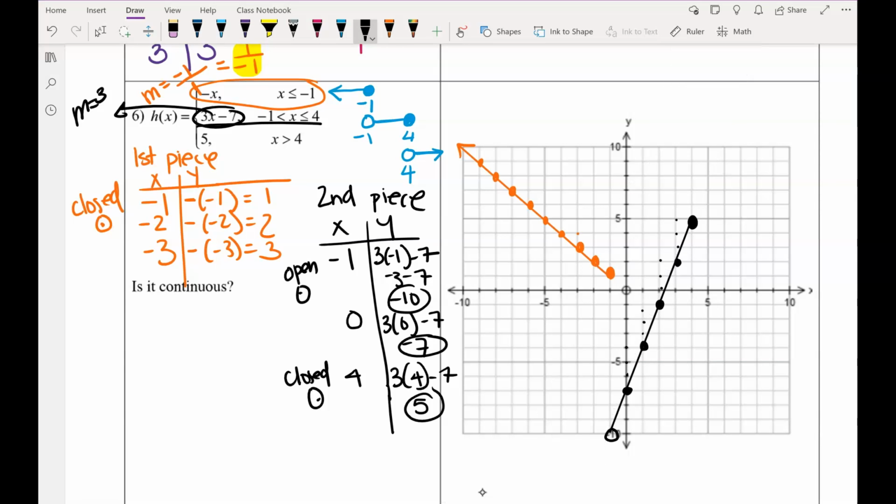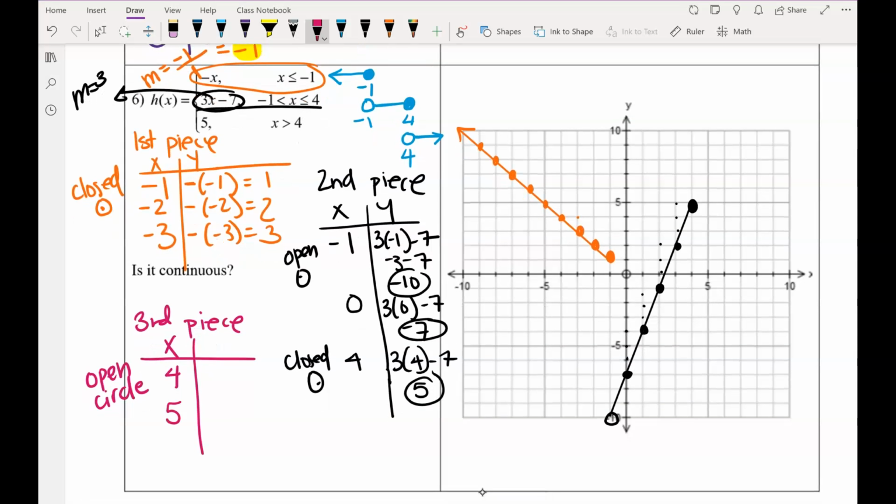Okay, next is our very last piece. My last piece, we are going to have an x value starting with 4, but we know that's going to be an open circle because I don't see an equal sign next to it. And I want to go to the right, so 5 and 6. Well, but look, check it out. This does not have a variable.